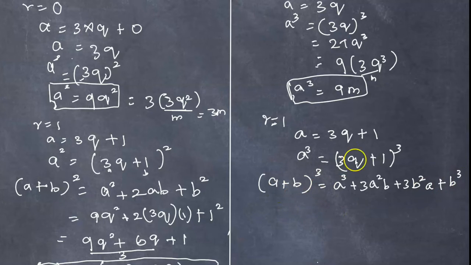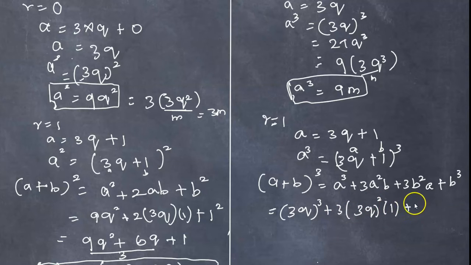So substitute in this equation. So we know this 3q is a and 1 is b. So substitute in this value. So a cube, (3q) the whole cube, plus 3 into a square, (3q) the whole square, b is 1, plus 3 into b square, 1 square, a is 3q, plus b cube, 1 cube.